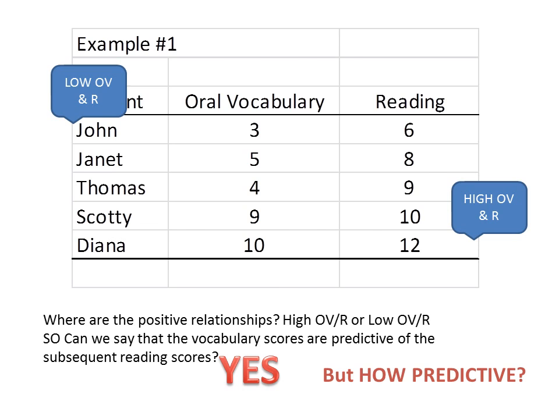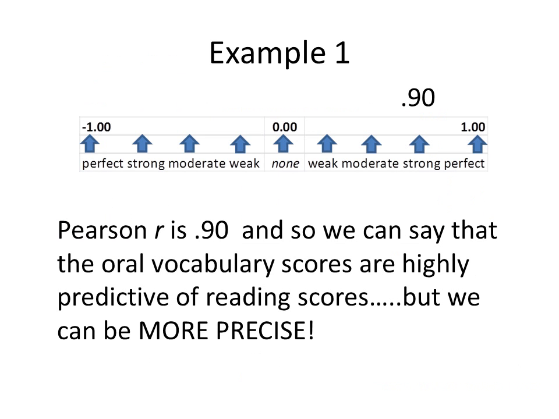Now let's say that the value of Pearson r for the relationship between the two sets of scores in example 1 is 0.90. I know a lot of people then ask, how do we compute the Pearson r?